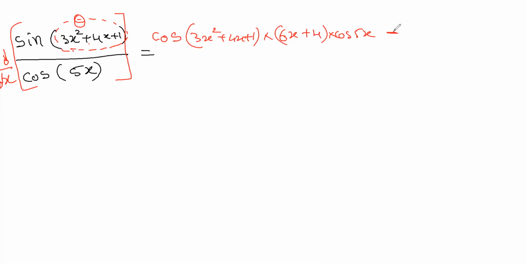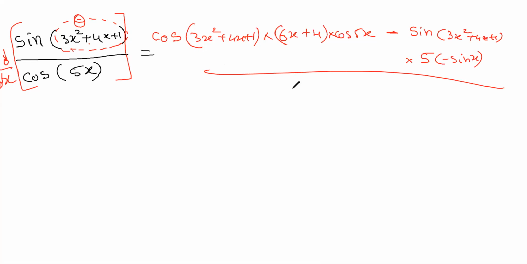Minus sine theta into differentiation of cos 5x, right? So that's 5 minus sine 5x. That's it. The whole divided by cos 5x whole square. That's it.